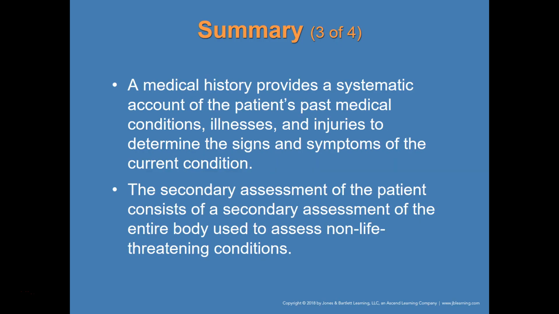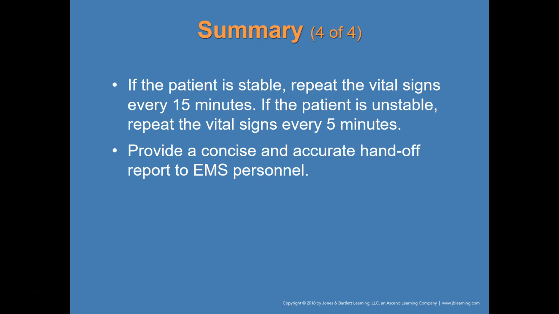Then we're going to get a medical history, which provides an account of the patient's past medical conditions, illnesses, injuries, and determines the signs and symptoms of the current condition. Our secondary assessment of the patient consists of an assessment of the entire body and is used to treat non-life-threatening conditions.